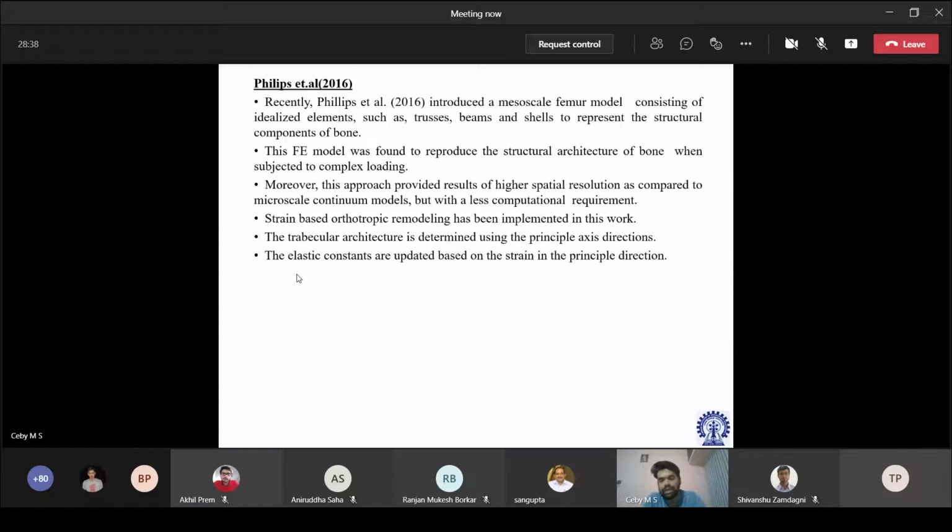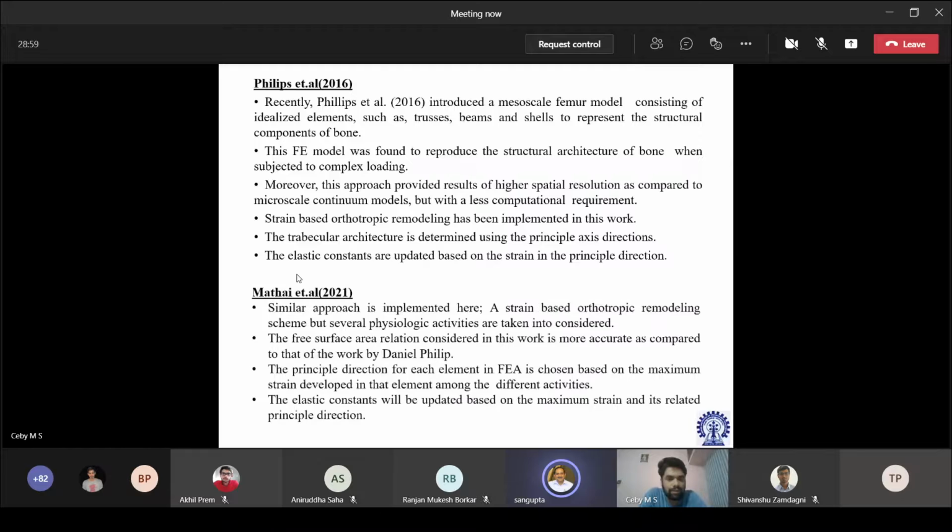If you go into the paper, you will see the formulas for updating the elastic constants as a function of the strain in the principal direction. I'm not flooding the whole PPT with formulas, so it is just for your additional knowledge.